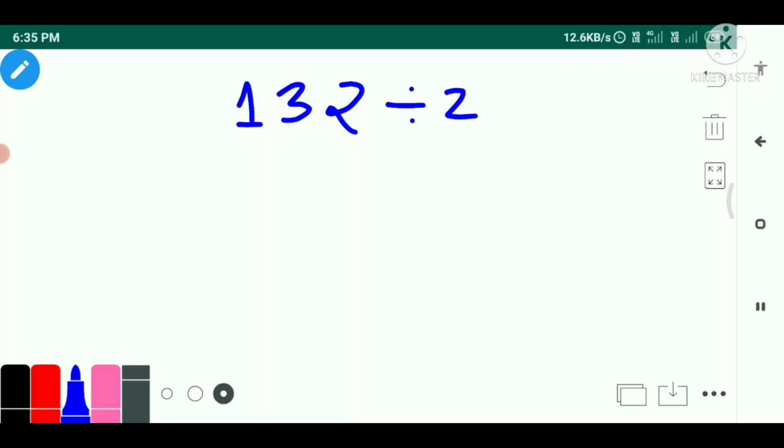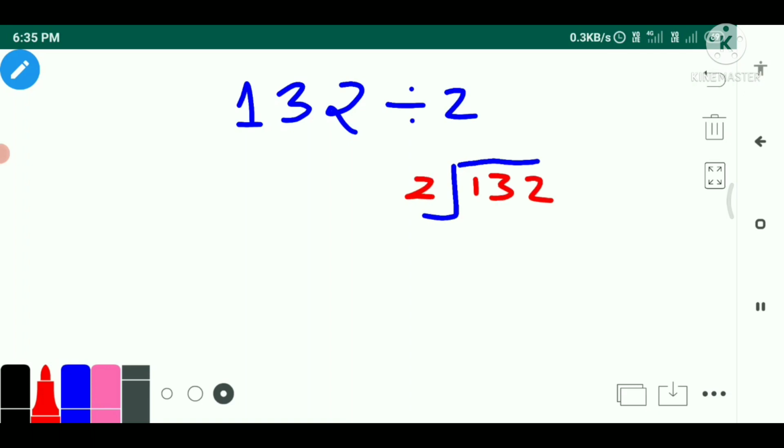Now we'll make the box, and we'll write the dividend, that is 132, and here we'll write the divisor, that is 2.